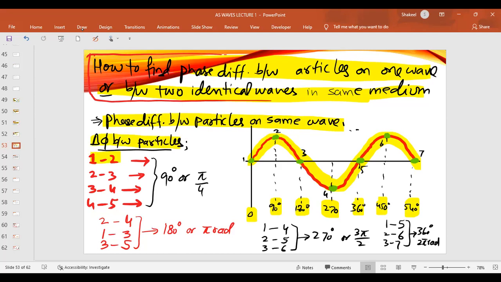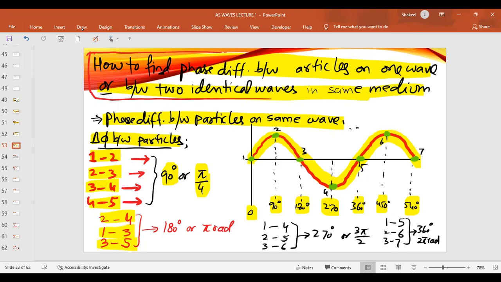So the phase difference between particle 1 and 2 is 90 degree. Why? Because 1 is at mean and 2 is at extreme. So it is 90 degree straightforward, or pi by 2. Similarly, between 2 and 3, 3 and 4, 4 and 5, between every two adjacent particles, the phase difference is pi by 2. And then from 2 to 4 or 1 to 3 or 3 to 5, the phase difference is 180 degree or pi radian.